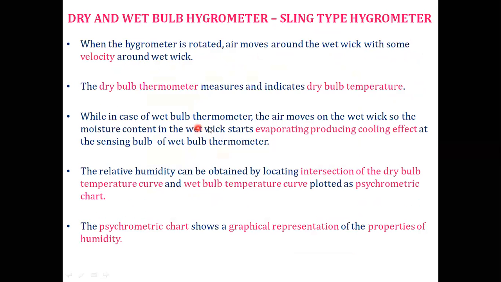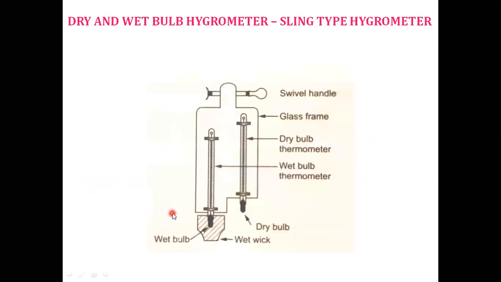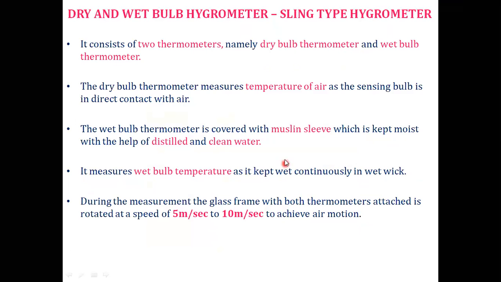While in the case of the wet bulb thermometer, the air moves on the wet wick, so the moisture content in the wet wick starts evaporating, producing a cooling effect here. Some moisture is moved onto this wet wick, transmitted to this wet bulb, and starts evaporating here. That is the point.